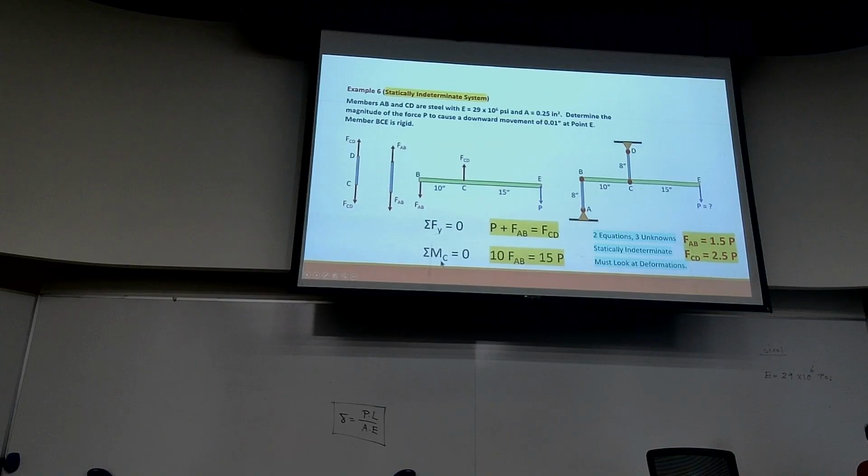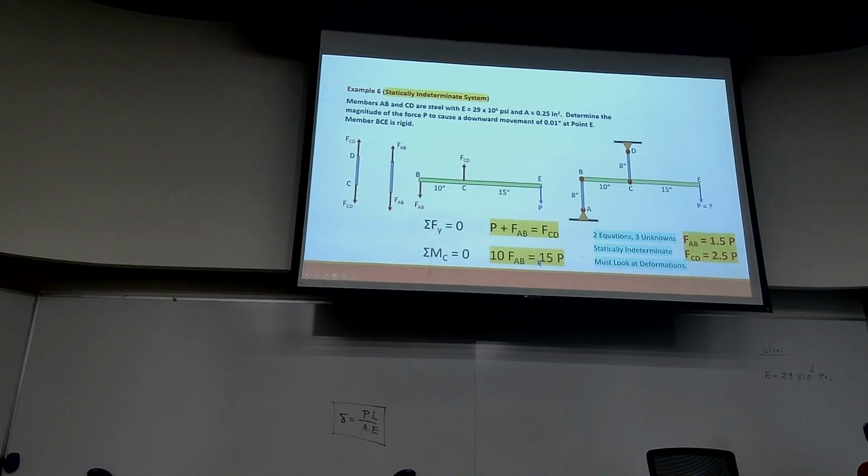We can also write summation of moments about any point you choose equals 0. I've decided to do it about point C. So force times distance, that means P times 15 is equal to FAB times 10. One is clockwise, one is counterclockwise, and they must add up to 0.